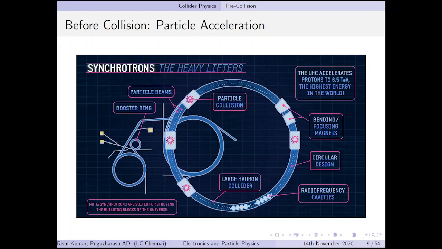The volume of empty space is around 30 orders of magnitude or greater than the volume of the protons themselves. This poses a challenge: we cannot exactly pinpoint or predict where the protons are going to actually meet. This is the challenge we have in almost all particle colliders.